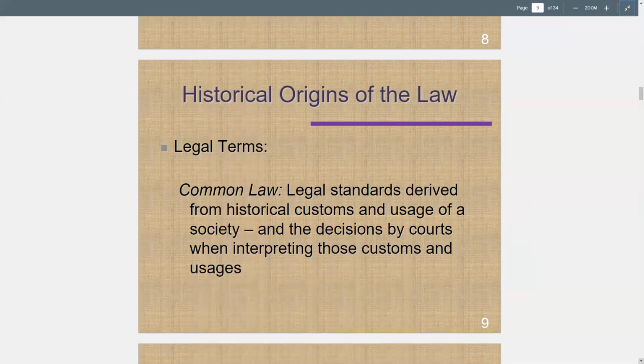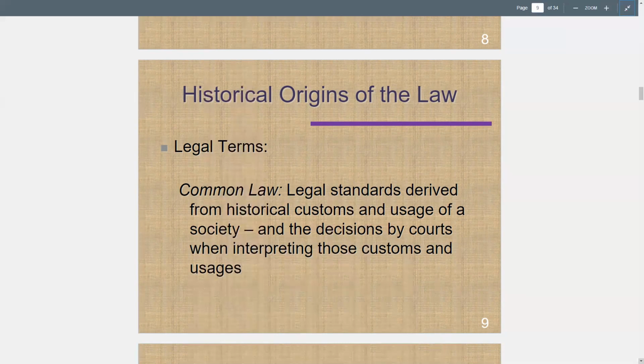And these traditions are based upon the idea that what a judge does when a judge is interpreting the law or adjudicating an issue, and he or she doesn't always have a statute to look at, the principle that he or she develops to decide the case becomes a precedent.